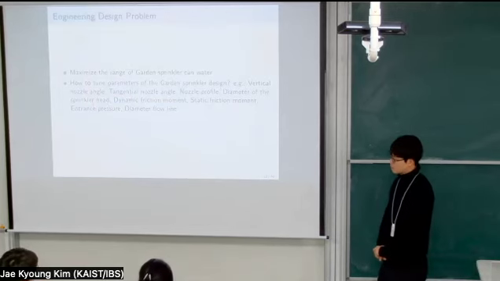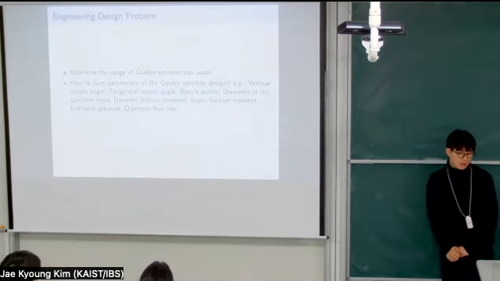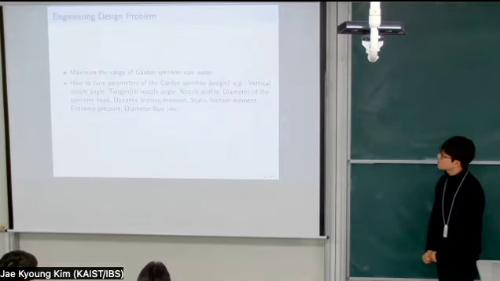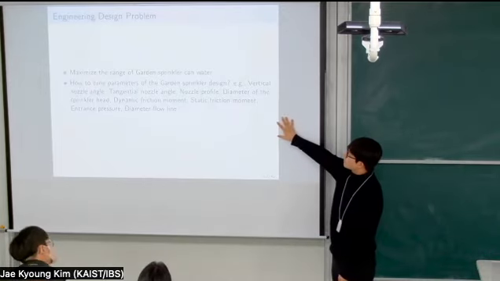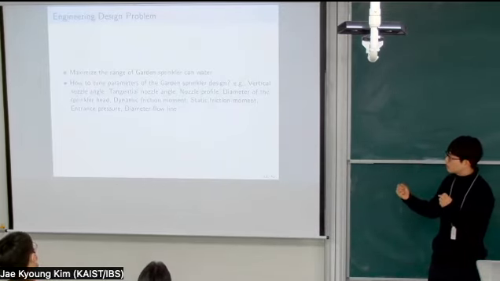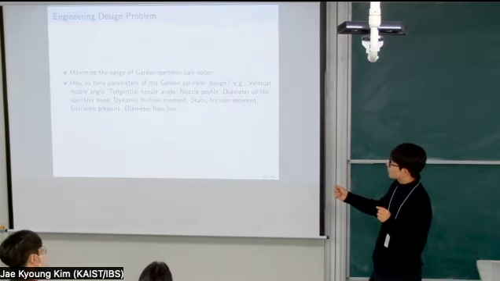And as I said, I can also use this type of algorithm for computer simulation parameter tuning. Here's one example where you want to, say, design a garden sprinkler, right? You need to tune all these parameters like nozzle angle and diameter of the sprinkler head.